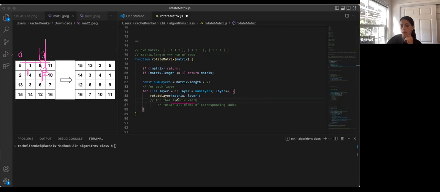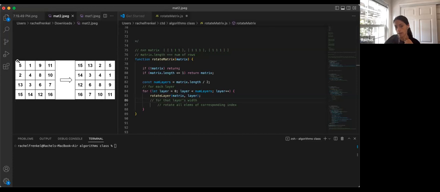We're just trying to get what we're passing into this for loop. We're trying to get the width. So how many times within this layer are we going to need to be moving numbers and indices around? Okay, so we're trying to say, what's the width of it?